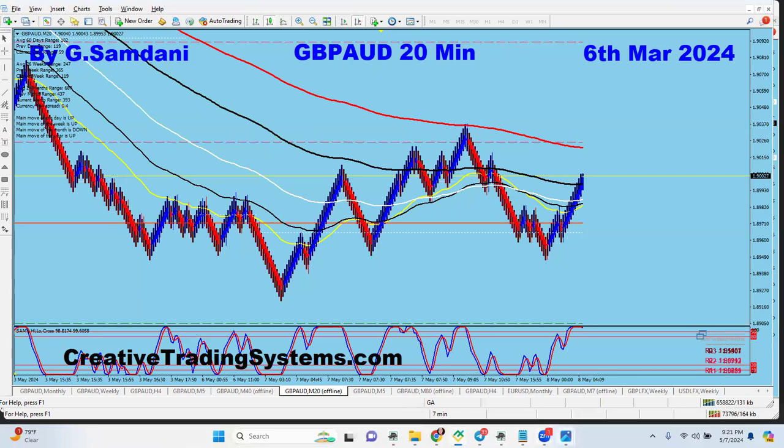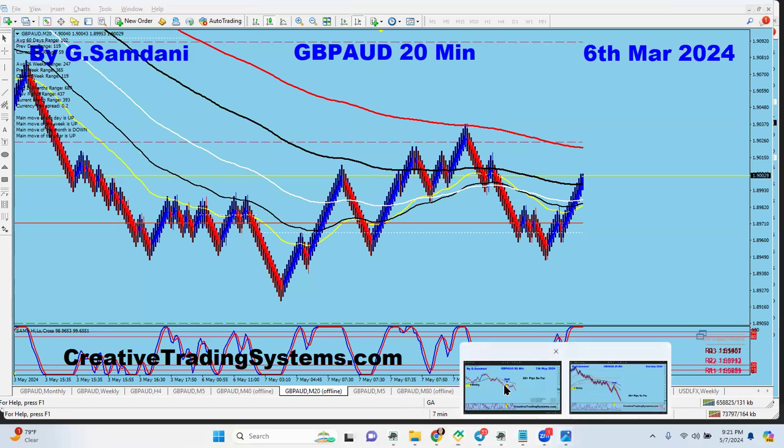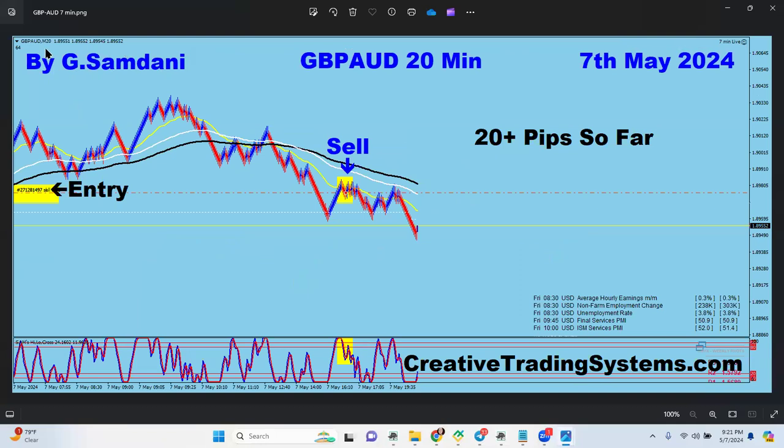So that's exactly what I did. It's Pound Aussie, and the chart was 20 minute, but I just simply changed it. You know how to change it, right? You go to 5 minute chart and then change the brick size, and that's it. So I changed that immediately, and I placed my SL on the 5 minute live chart, right, and made it short only.